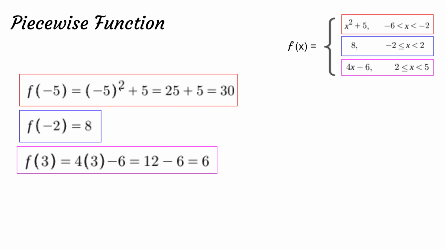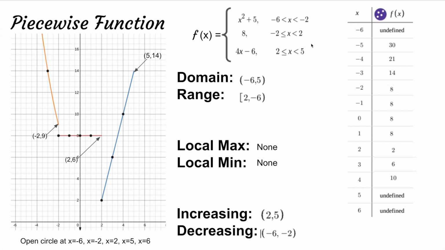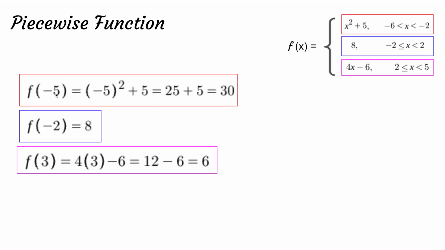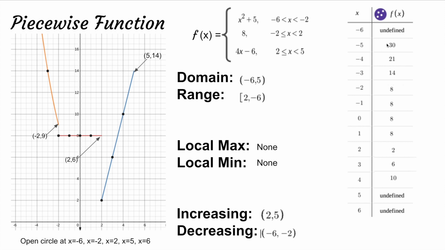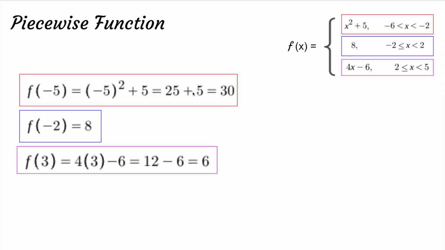So negative 5 squared plus 5 equals 25 plus 5 equals 30. I did the same thing for each of the three functions to get 30, 8, and 6. As you can see in the graph, negative 5 is 30, negative 2 is 8, and 3 is 6, just like the answers I had gotten on the previous slide.